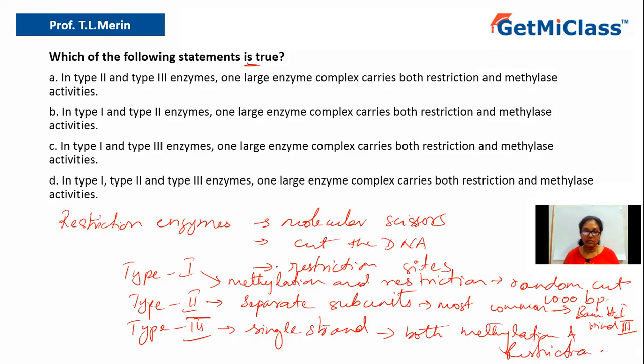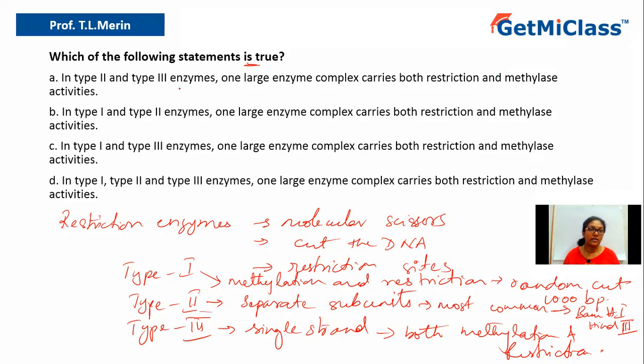Of course, they all are multimers, that means they have more than one subunit. But in type 1 and type 3, the same large complex of protein, or subunit, will carry out both methylation and restriction on its own. Whereas in type 2 restriction enzymes, they have a separate unit for methylation activity and a separate unit for restriction activity.